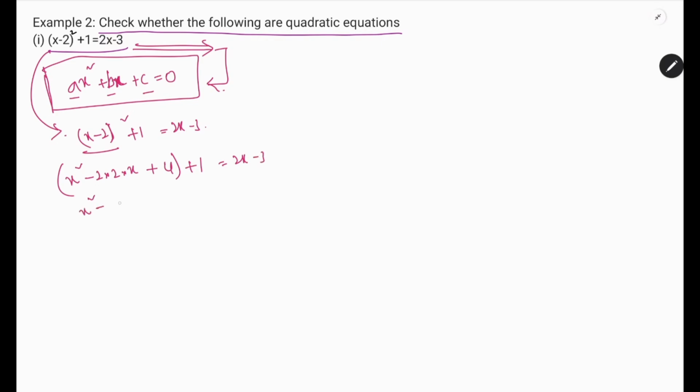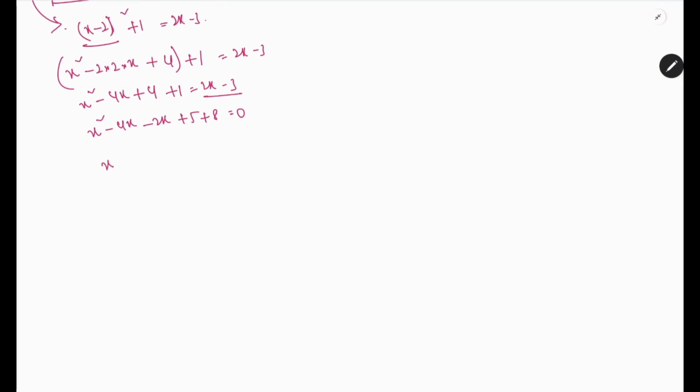It is x square minus 4x plus 4 plus 1 equal to 2x minus 3. Bring these two terms to the left side: x square minus 4x minus 2x plus 5 plus 3 equal to 0. It is x square minus 6x plus 8 equal to 0.